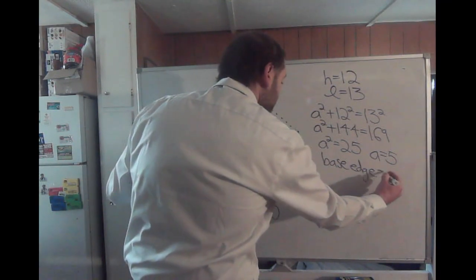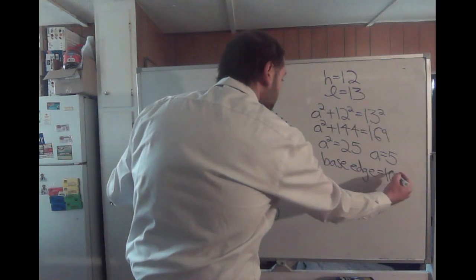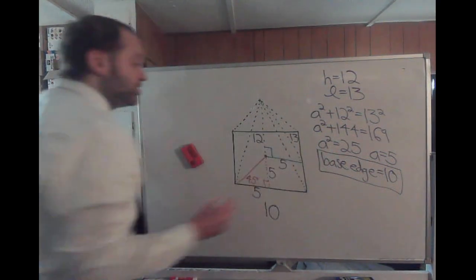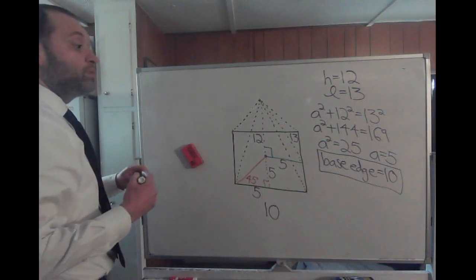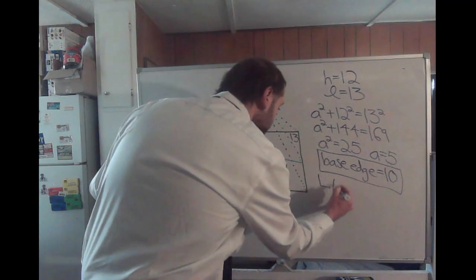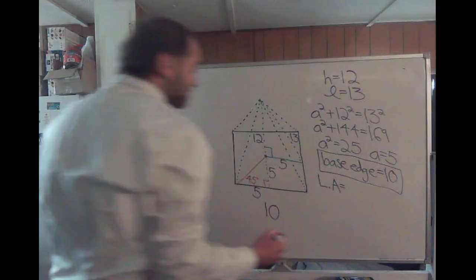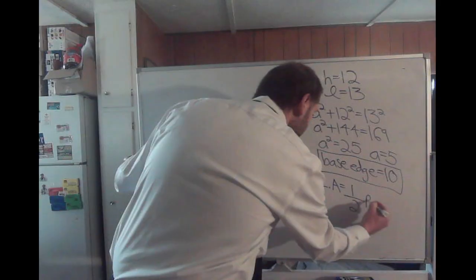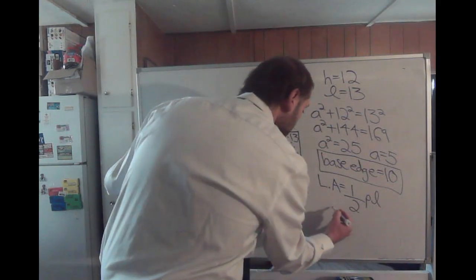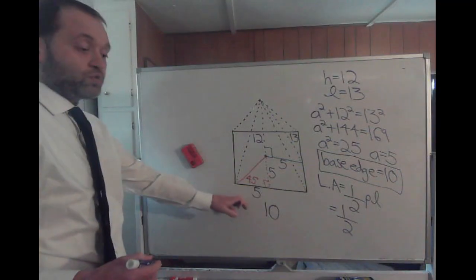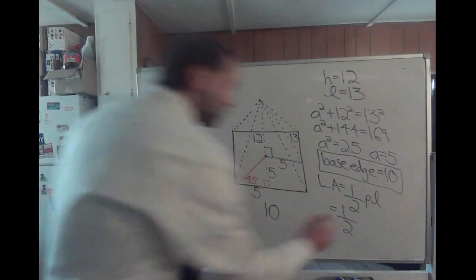So there is a bit to consider with right triangles. So the base edge is 10. We found the missing information we needed. Now we can go ahead and start solving for the lateral area and other things. The lateral area, of course, is half the perimeter of the base times the slant height, which in this case, the perimeter of the base being a square, that's 10 times 4, that'd be 40.